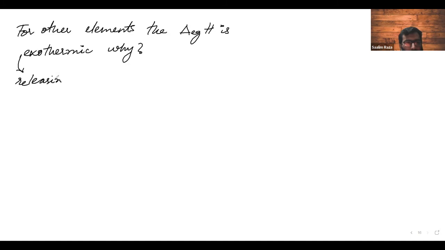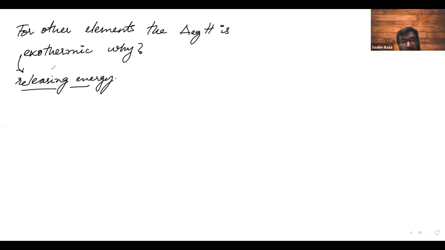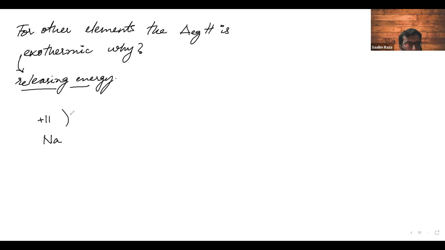Am I correct? Exothermic means releasing energy. So how is it releasing energy when we are making an anion? So let us take our good old sodium. Na positive, 11 protons. Similarly, 11 electrons. This is our 3, and we have 3s1. We added an electron. What did we get?